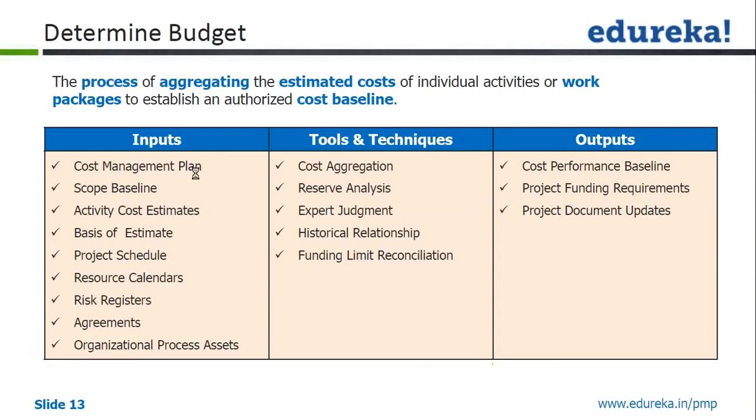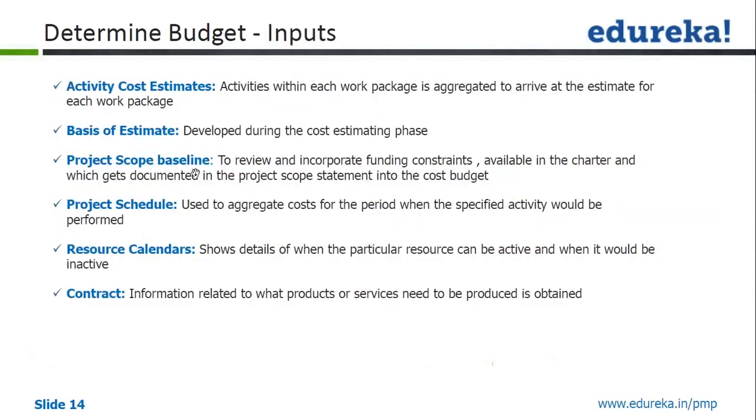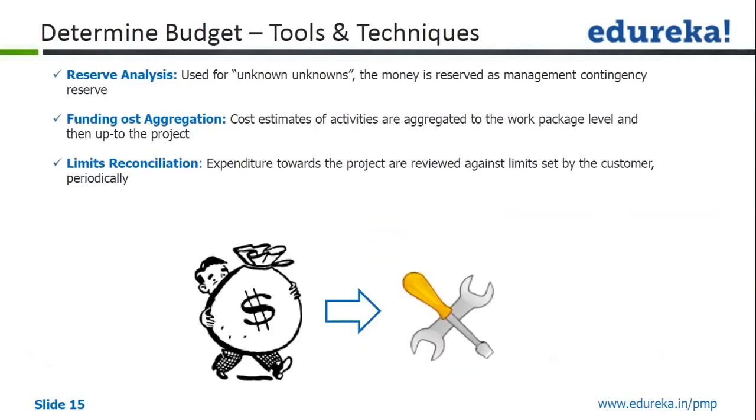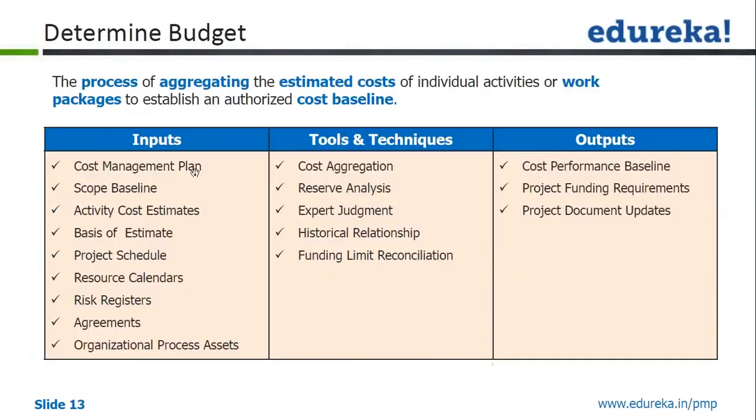Looking at inputs, all the inputs are covered, and the tools and techniques are covered, so we'll cover them at the appropriate time. The important output is your cost baseline. These are the tools and techniques, cost aggregation, reserve analysis, etc., which by now we are pretty familiar with.